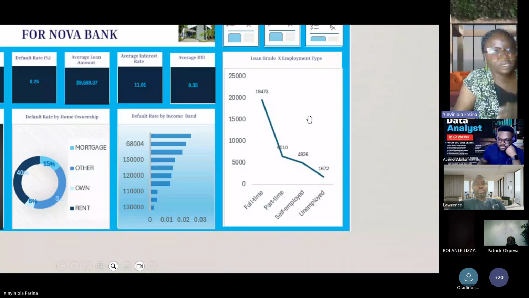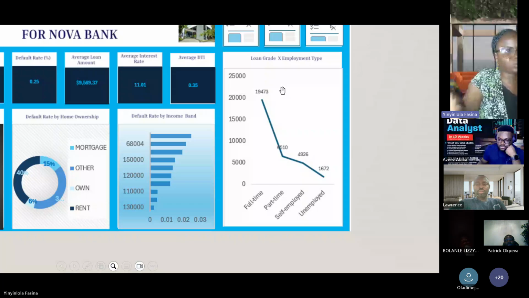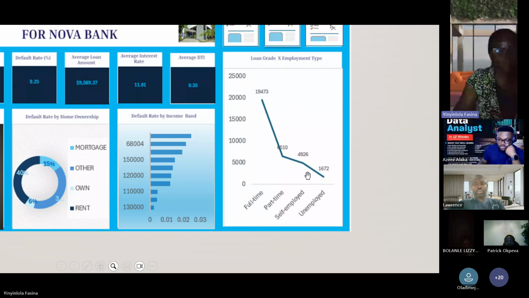Based on their employment status, their loan grade also differs. Those that are unemployed have the least loan grade, so they are the ones that have the least access to loans.